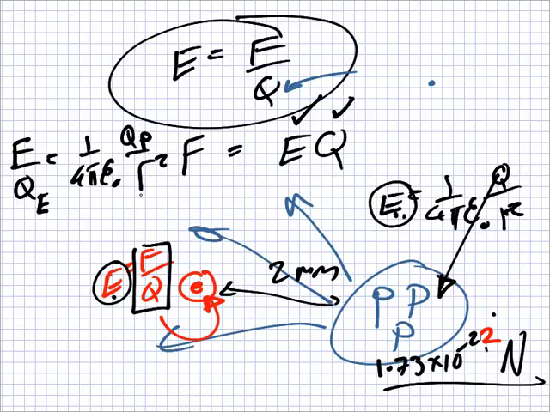How do you know that's for the proton? Because this is the formula for the electric field caused by a charge Q, and this is causing the field. Whereas this is a formula for the electric field strength if you know what force is being exerted on a charge Q. So this one is the cause of the field and this one responds to the field.